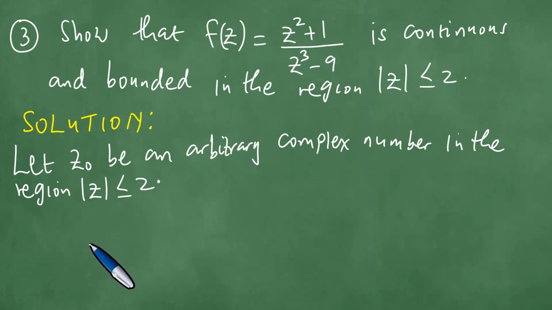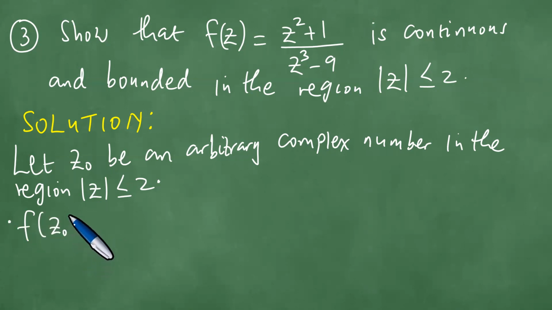Okay, with that said, what do we do? A couple of things obviously need to consider here. So we can take f of z0.